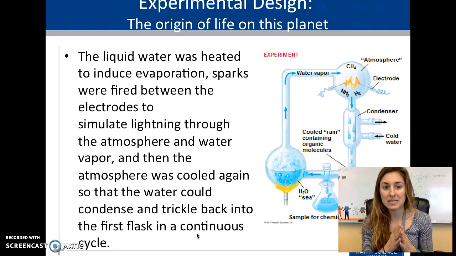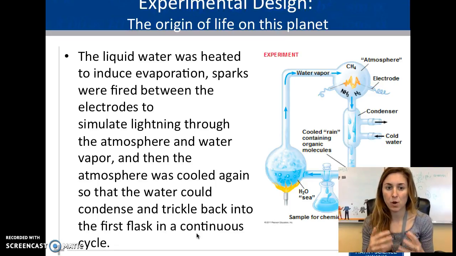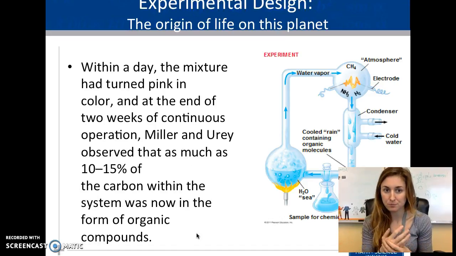The liquid water was heated to create vapor. Sparks were fired between the electrodes to simulate lightning through the atmosphere and the water vapor. And then the atmosphere was cooled again, so the water would trickle back into the environment, and this continued.